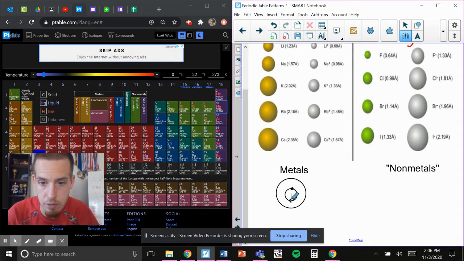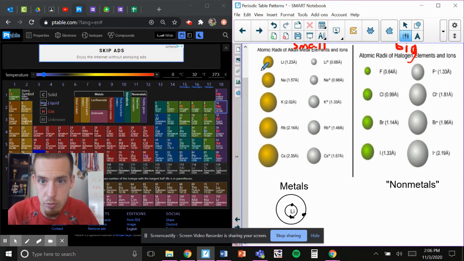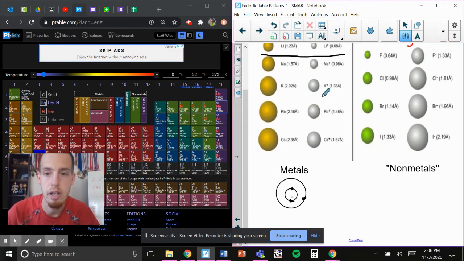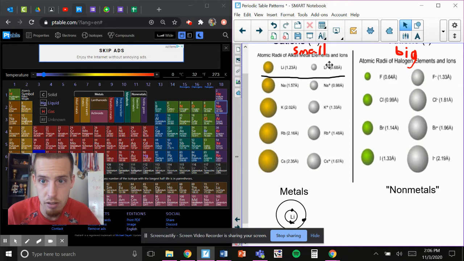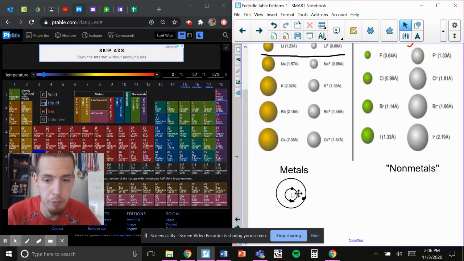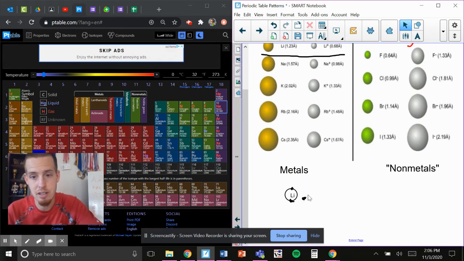You're going to have an electron here. And you're going to get an electron here. Well, as you can see, lithium is a +1 charge. All these pluses mean +1. The one's invisible.